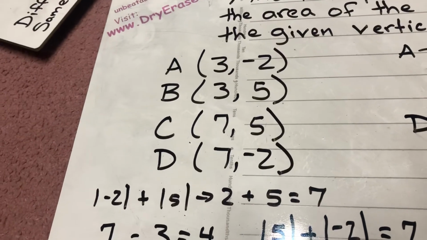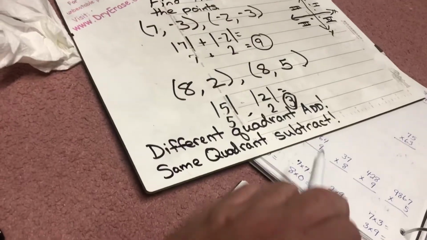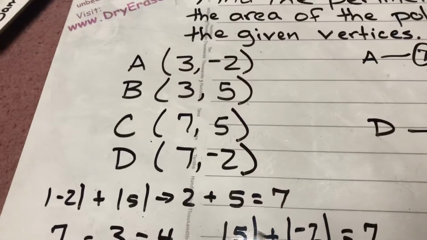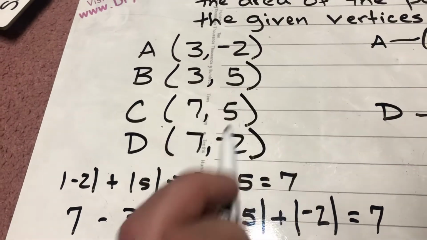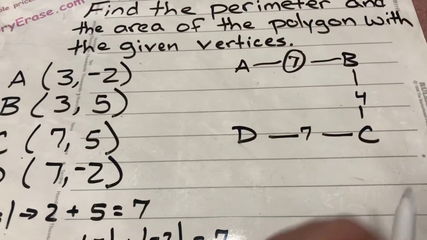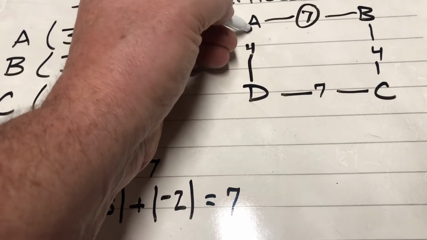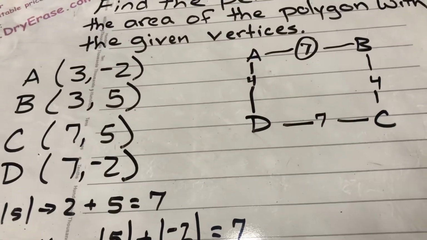So they are in the same quadrant. Same quadrant means subtract. I see my numbers here. The -2 is the same, so I'm worried about 7 minus 3. 7 minus 3 is 4. You're going to notice a pattern here. You're pretty much going to see these patterns here.